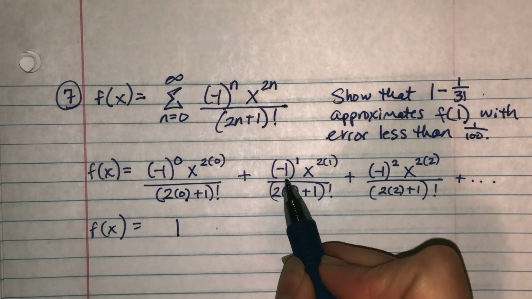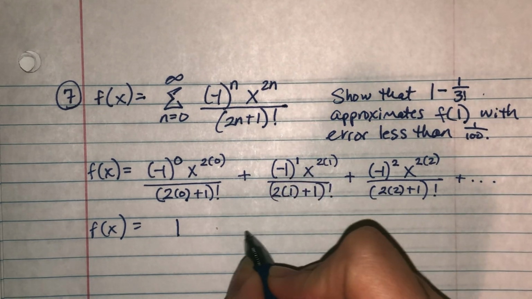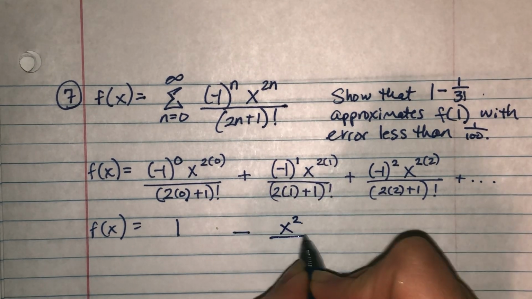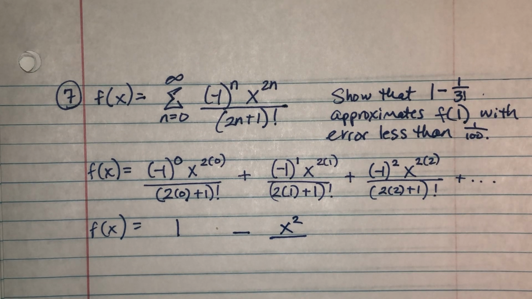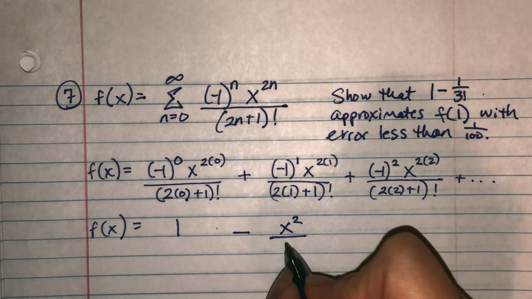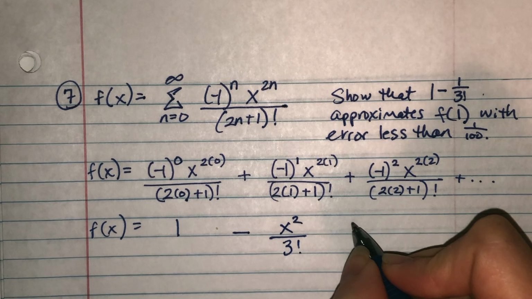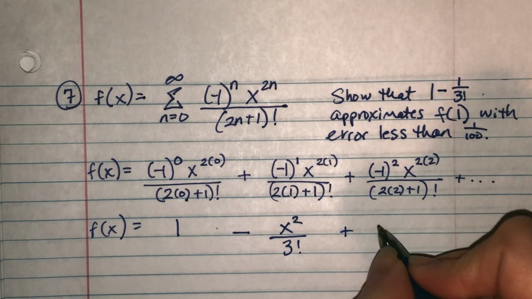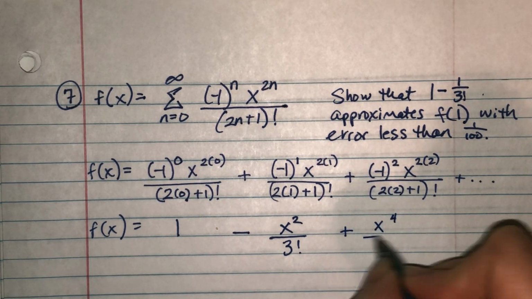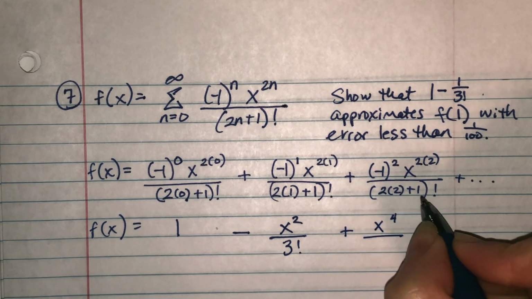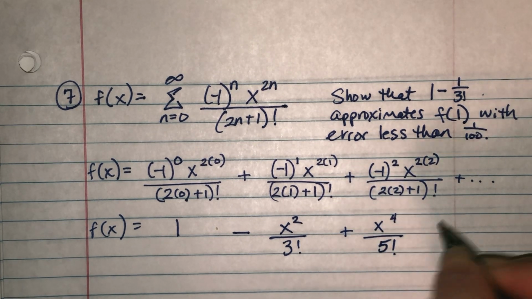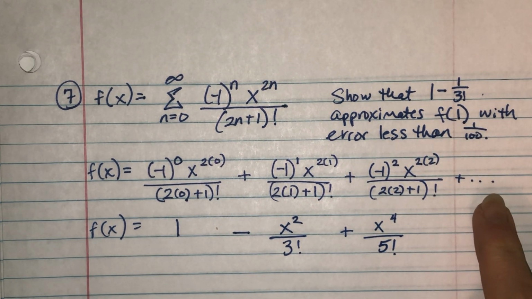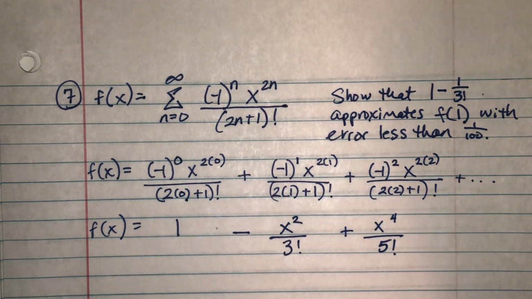The numerator is going to be negative x squared, so let's put minus x squared over 2 plus 1, which is 3 factorial. Then the next term is going to be positive x to the 4th over 4 plus 1, which is 5 factorial. Now, I didn't write out the little rule for the next one, but I bet you're starting to see a pattern already.